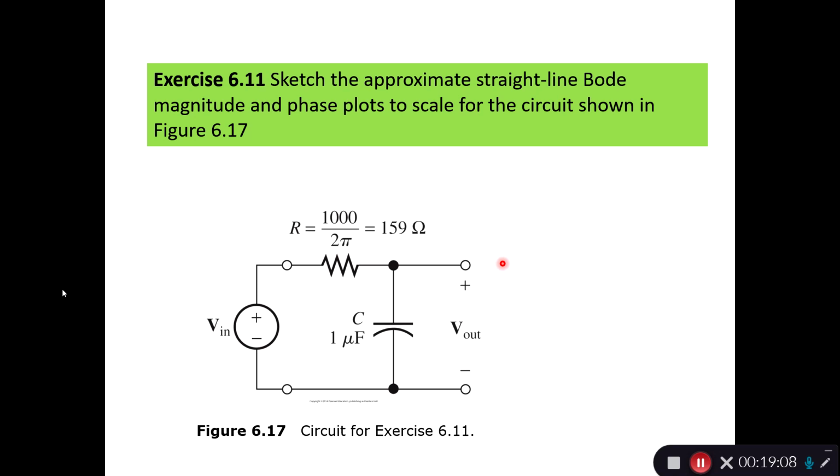We can always test it by 0 frequency. Then this is an open circuit, and we have Vin on Vout. And for infinite frequency, the capacitor becomes a short circuit, and then we have 0 out because this is a short. So it is definitely a low pass filter.